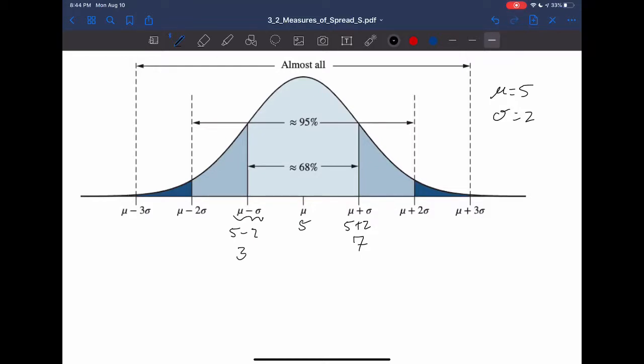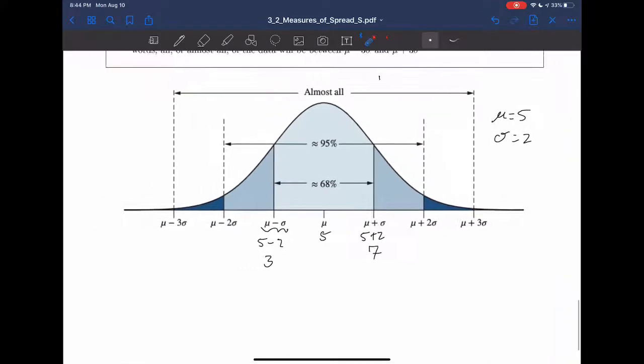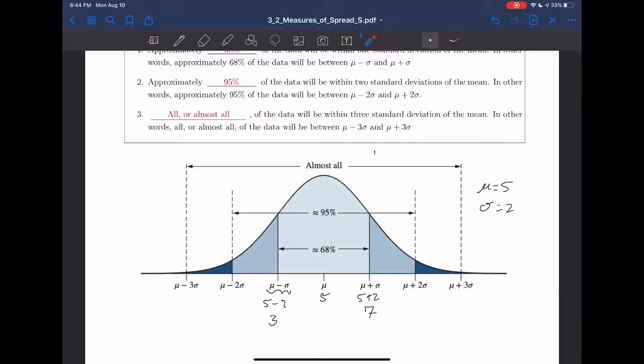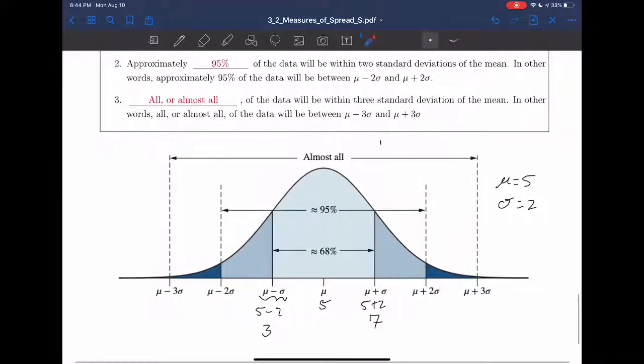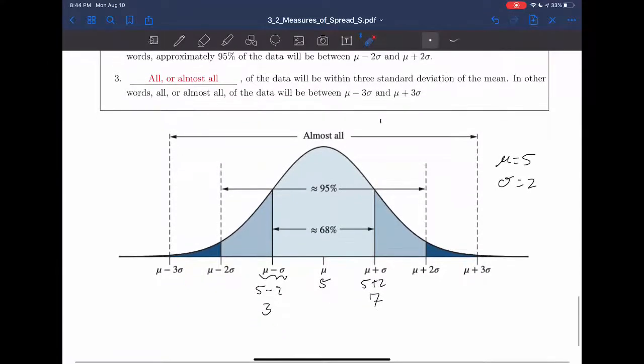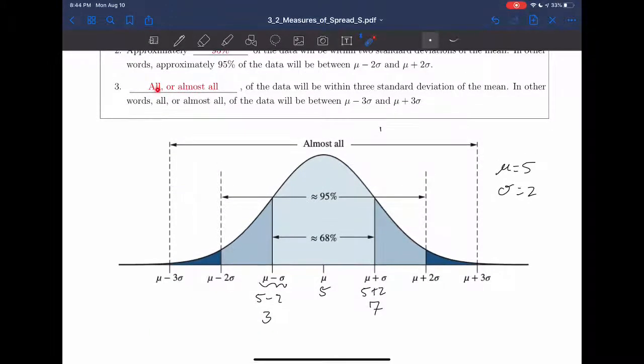So this is just telling you that 95% of your data is between 3 and 7 in this example. We're going to go through this a lot this semester, but for now, this is just a small introduction. Also, almost all of your data should be within 3 standard deviations.